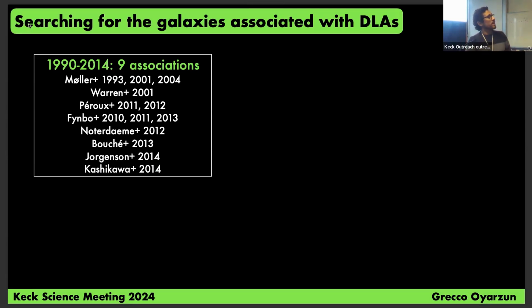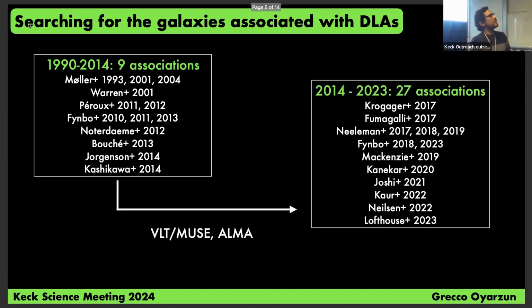That low detection rate suddenly changed in 2014 with the advent of ALMA and MUSE, which basically allowed us to look for the galaxies not necessarily at the projected location of the quasar, but rather at larger impact parameters, say up to 100 kiloparsecs away from the quasar.